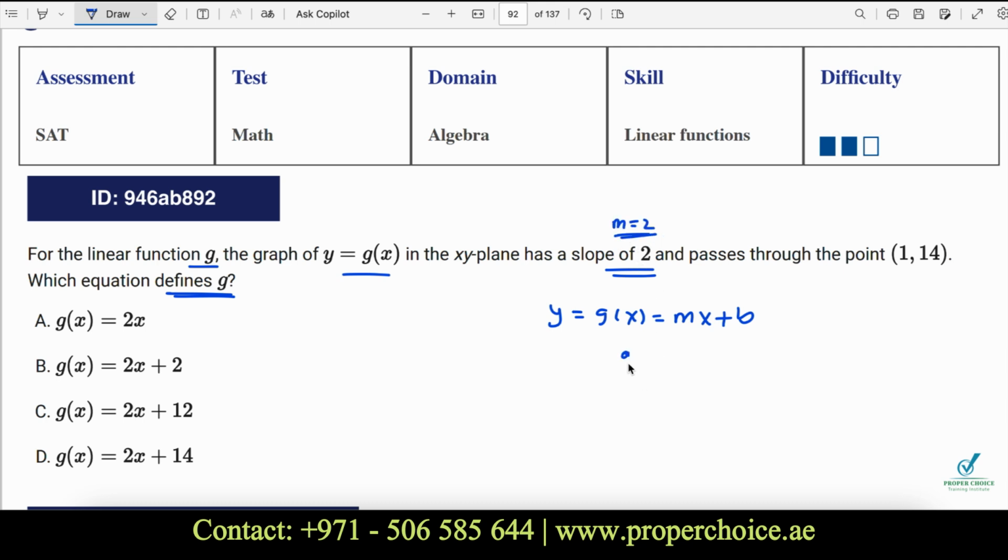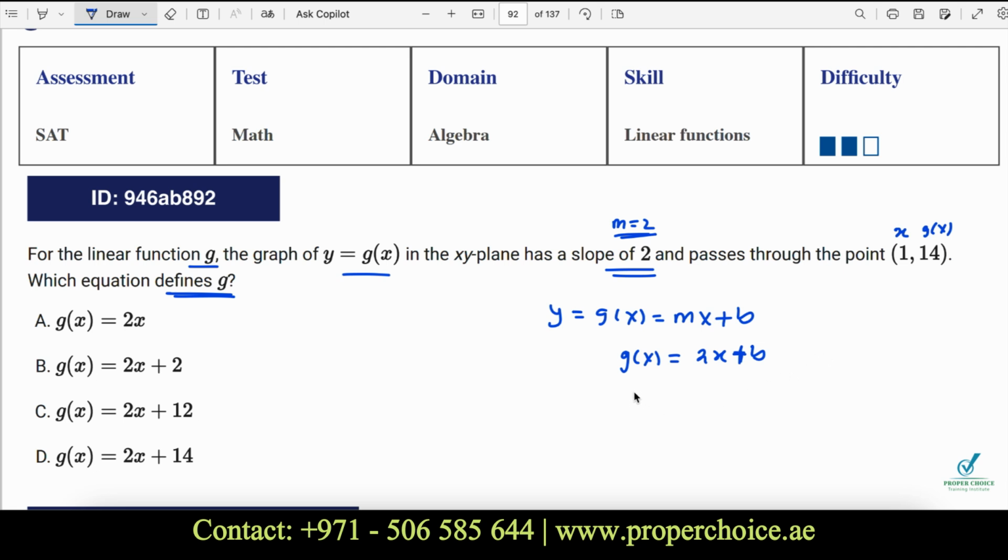So this function becomes g(x) equals 2x plus b. I should know the y-intercept, basically the b value. That is the reason they also gave us the point through which this line is passing. This is the value of x, this is the value of y, or I can also say g(x). Substitute here and solve for the y-intercept.